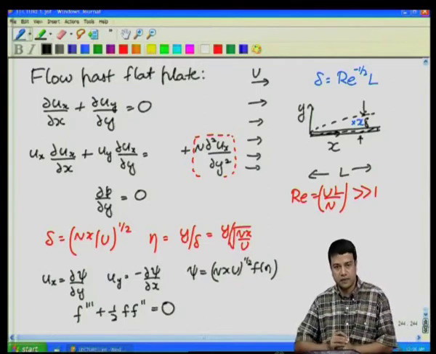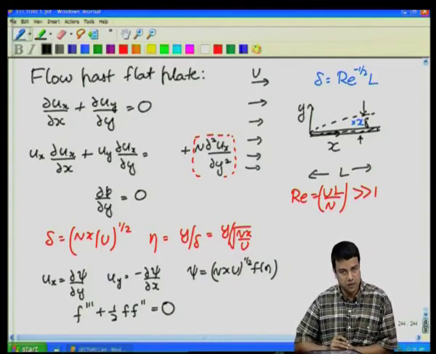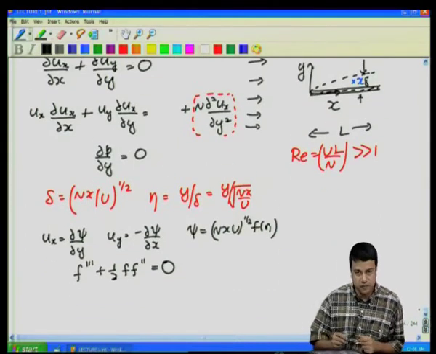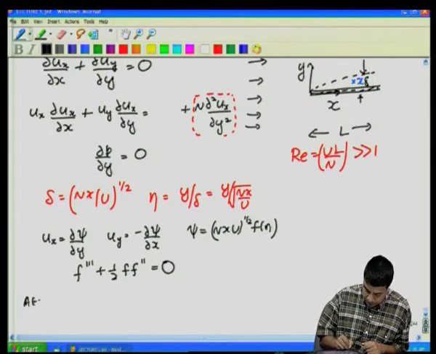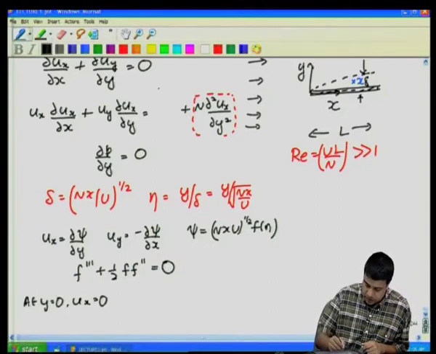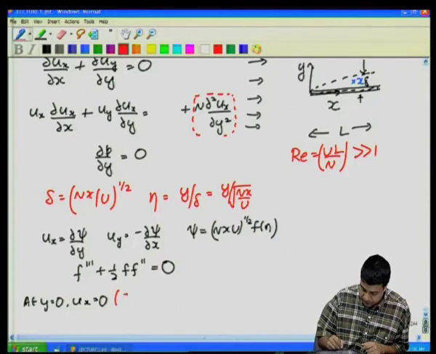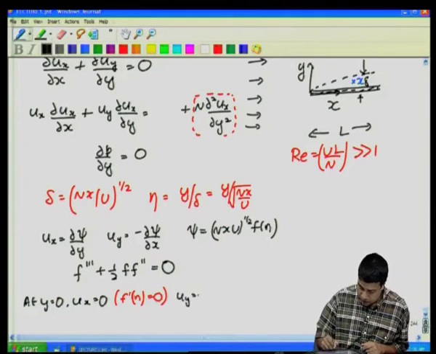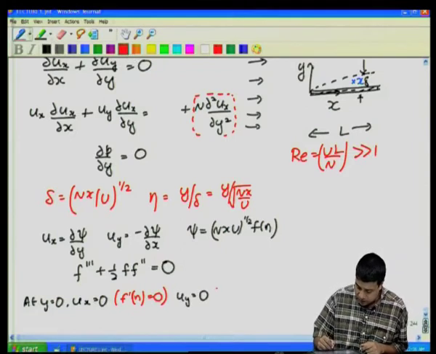For f, it is a third order equation in terms of eta, and it has to be solved subject to the boundary conditions. The boundary conditions were that at the surface of the plate at y equal to 0, u x is equal to 0, which in terms of f was f prime of eta is equal to 0, and u y is equal to 0, which when expressed in terms of eta turned out to be f of eta is equal to 0.